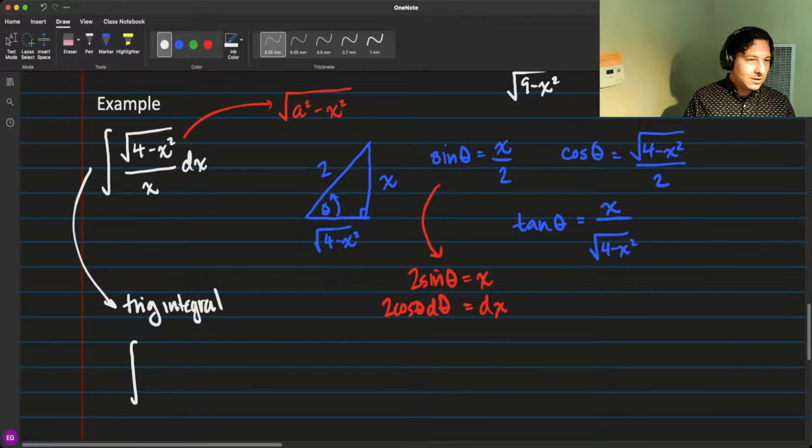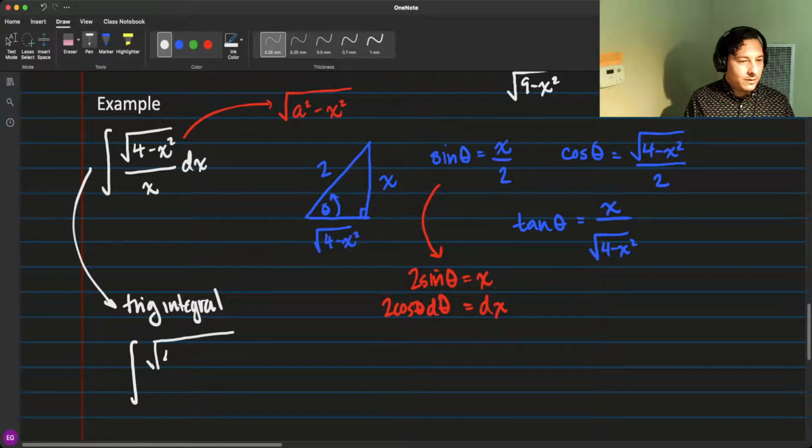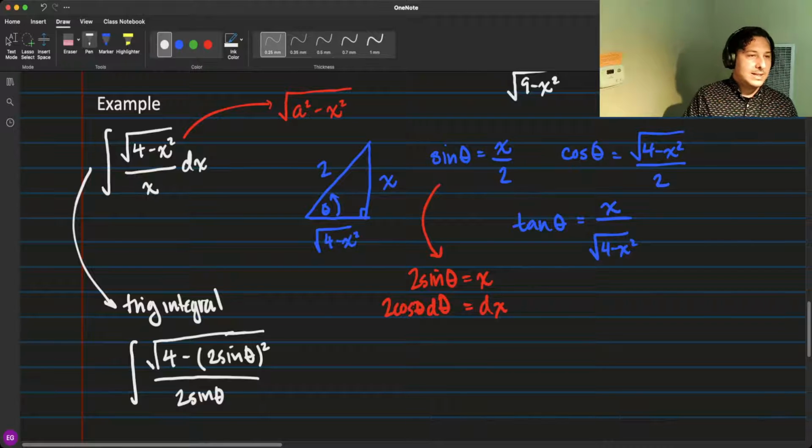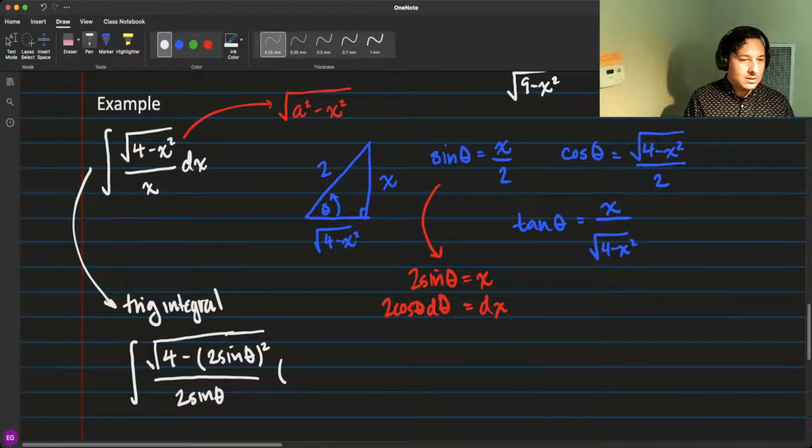My new integral is going to be the square root of 4 minus 2 sine theta squared, all divided by x, which is equal to 2 sine theta, multiplied by dx, which is 2 cosine theta d theta.